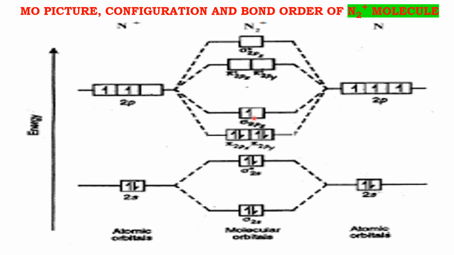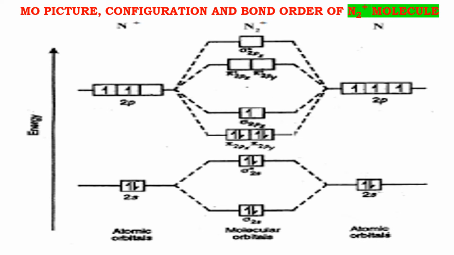Hence, 1 electron has been lost from the sigma 2pz. That means sigma 2pz is a bonding molecular orbital. In the nitrogen molecule, there were 10 electrons in the bonding molecular orbitals, but now there are only 9 electrons in the bonding molecular orbitals.